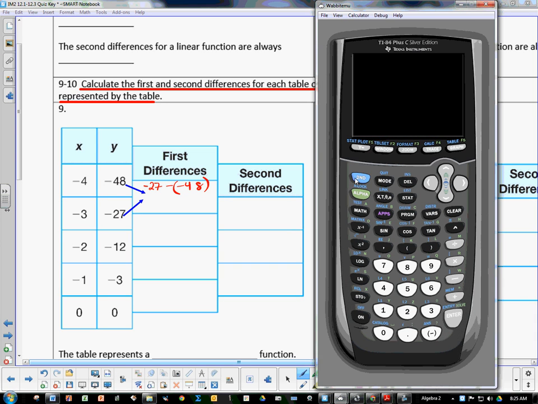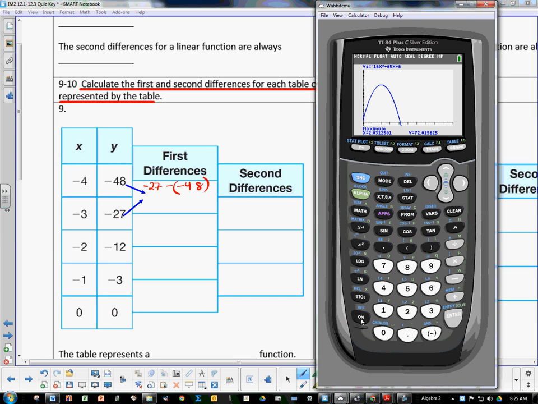If you're having trouble with that, you're going to have your calculator out, right? So we'll go negative 27 plus your 48, and that's going to be 21. Okay, so I'll write that right here. That's 21. All right, so we did negative 27 minus negative 48. We're going to continue that same thing. Let's do negative 12 minus negative 27.